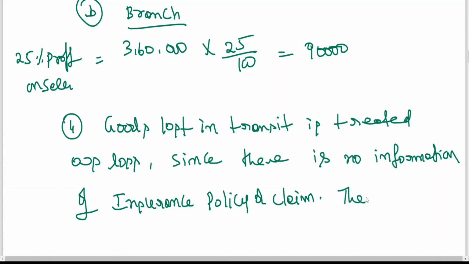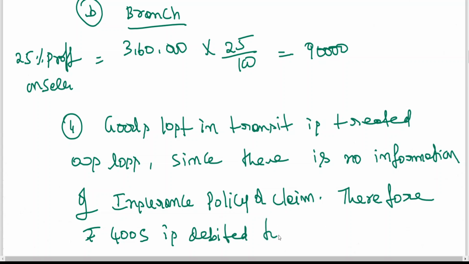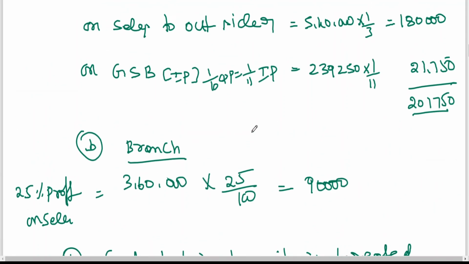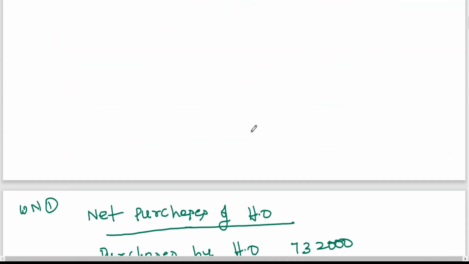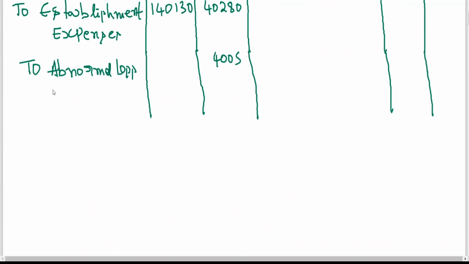Therefore, rupees 4,005 is debited to branch P&L account. Okay. Fourth point I mentioned, Note 4.